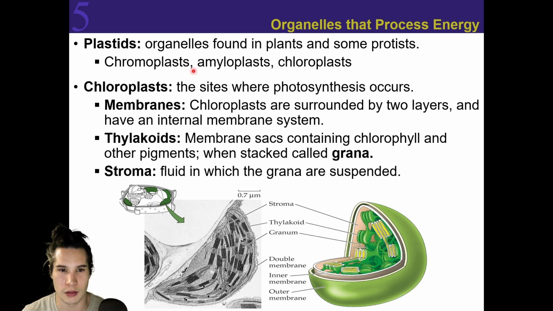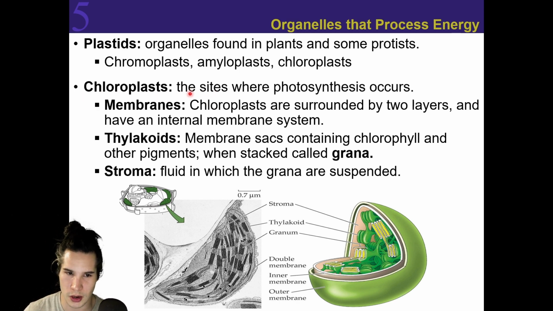You could also have amyloplasts, which is another type. That's going to be a type of plastid that stores starch. And then you also have chloroplasts. As we know, chloroplasts are going to be kind of like that site for photosynthesis.